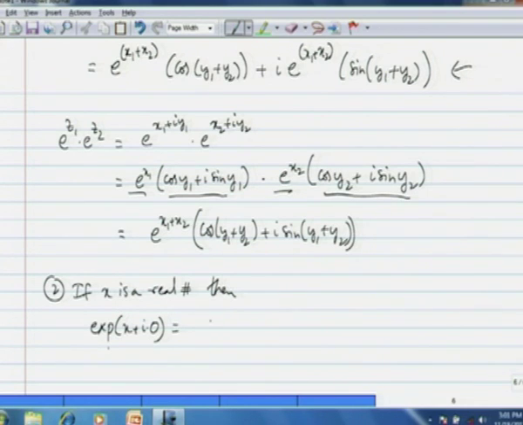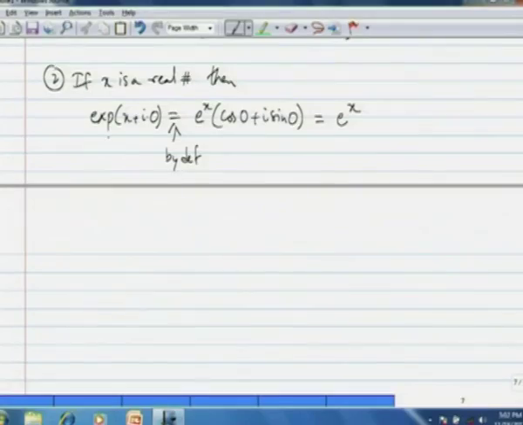This is equal to, by the definition, e power x, where e power x is the real exponential function now, times cosine 0 plus i sin 0. So, by definition, this indeed tallies with the real exponential function.